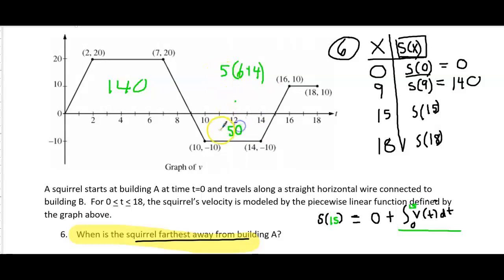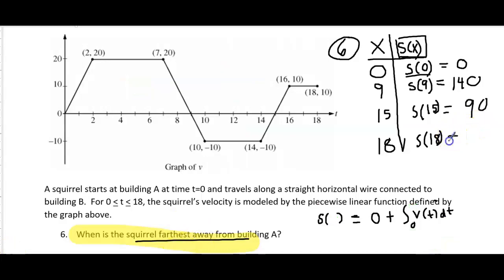And it's below the x-axis, so it's negative. And so the area under the curve, or in this case we call that the displacement, is 140 minus 50, which is 90. And so the squirrel's position at s equals 15 is 90.